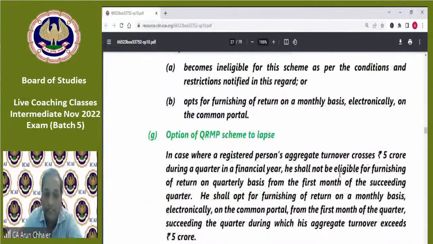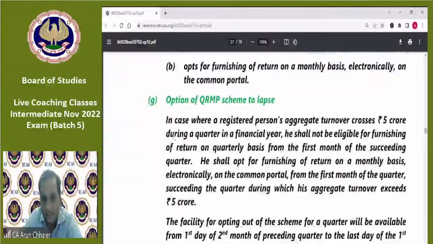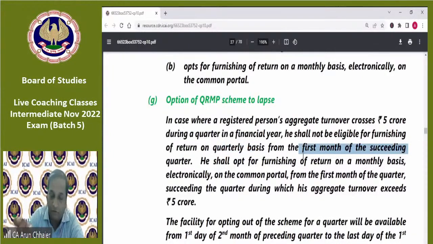Option for QRMP scheme to lapse: in case the registered person's aggregate turnover crosses the limit during the financial year, he shall not be eligible for furnishing the return on a quarterly basis from the first month of the succeeding quarter. For example, suppose my turnover exceeds 5 crore in the month of July or August.